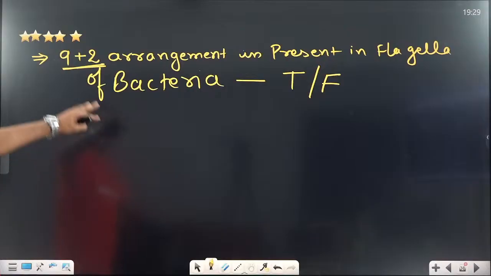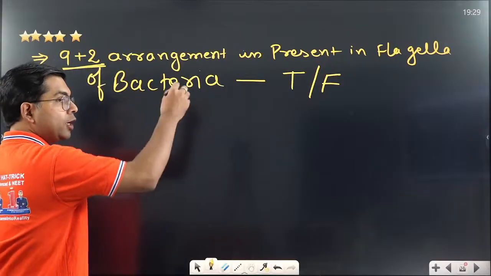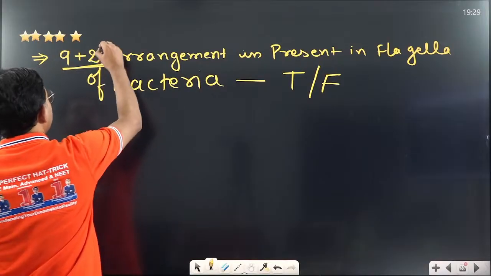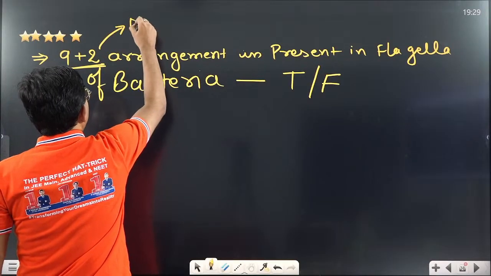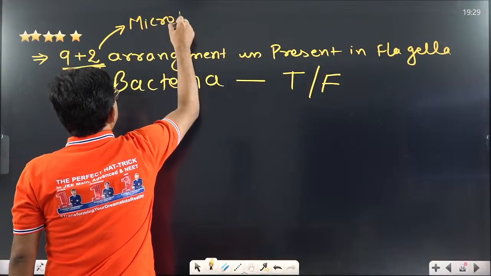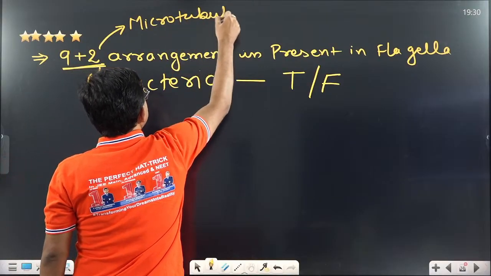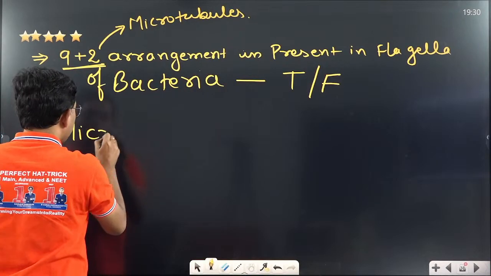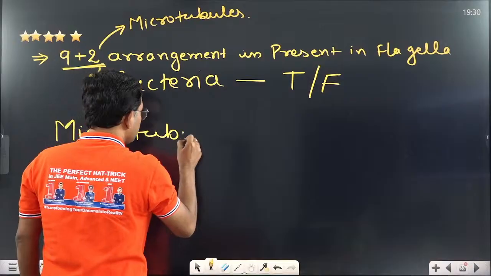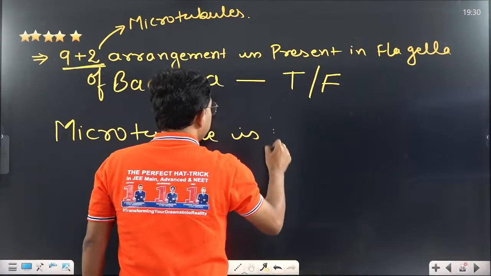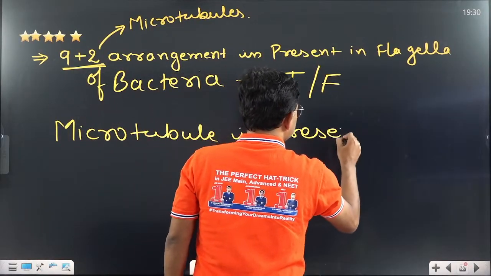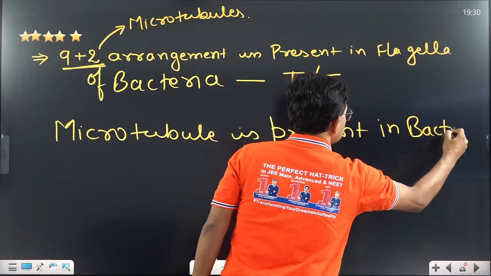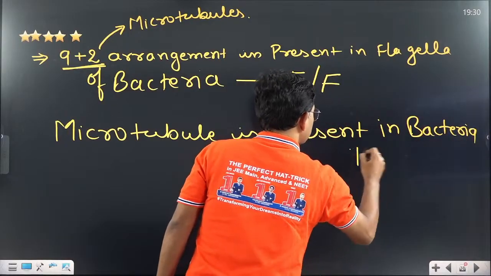This was a critical question. 9+2 arrangement is the arrangement of microtubules, isn't it? Now if I say the statement, microtubule is present in bacteria, what will you say? True or false?